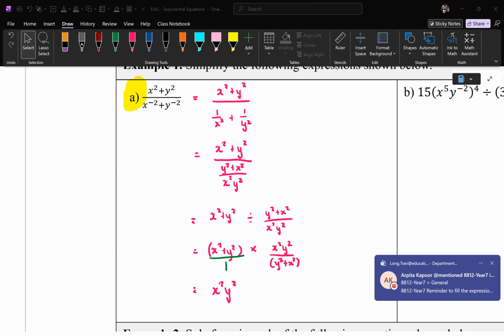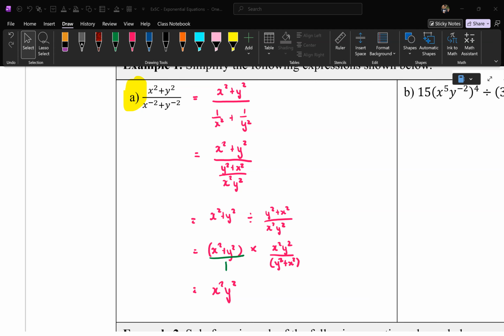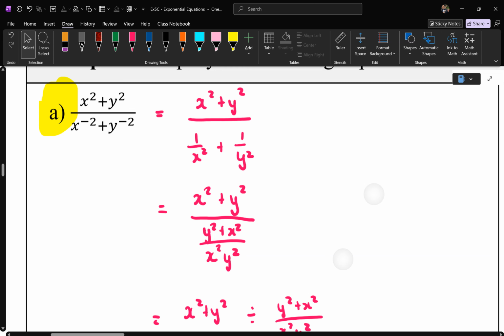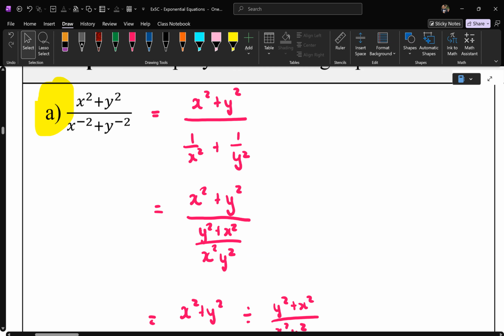If you've got the correct answer, hands up if you got x squared times y squared. Unless I did it wrong. Did I do it wrong? I could have done it wrong. Let me just double check. The fact that no one got it right means I must have done it wrong. What did I do wrong?